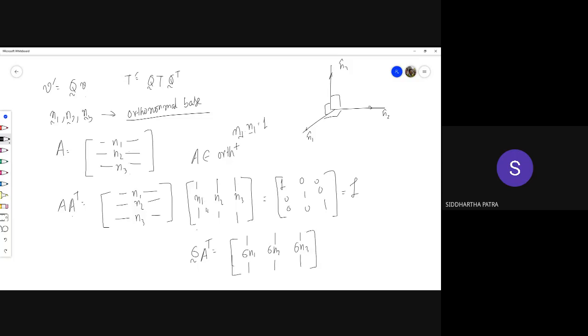So as if I'm multiplying each column individually. That's what it is, right? So what would be sigma times n1? What is sigma times n1?